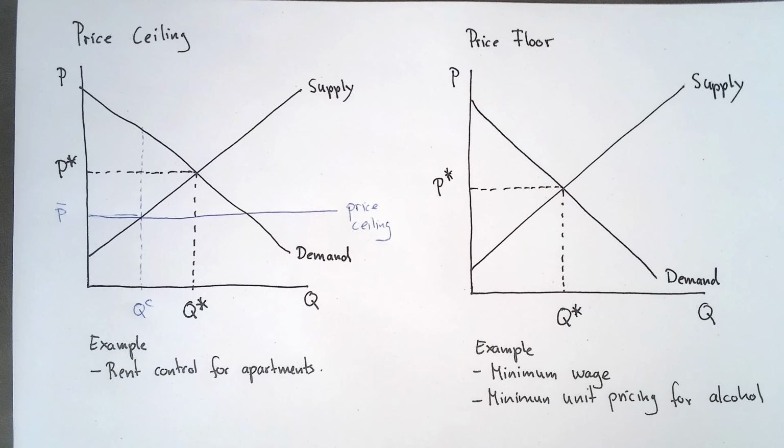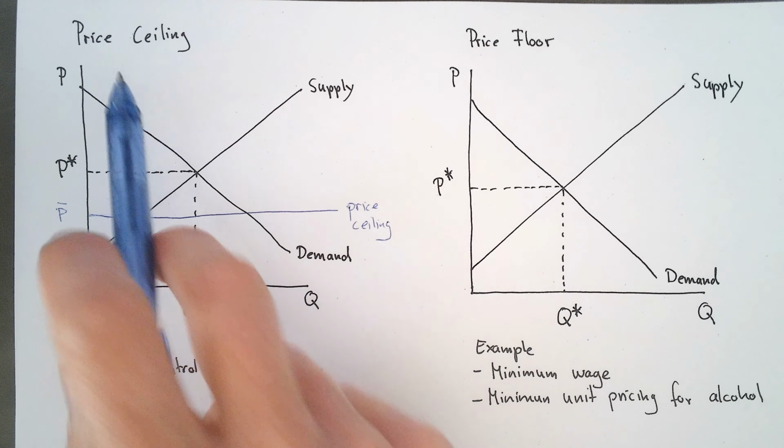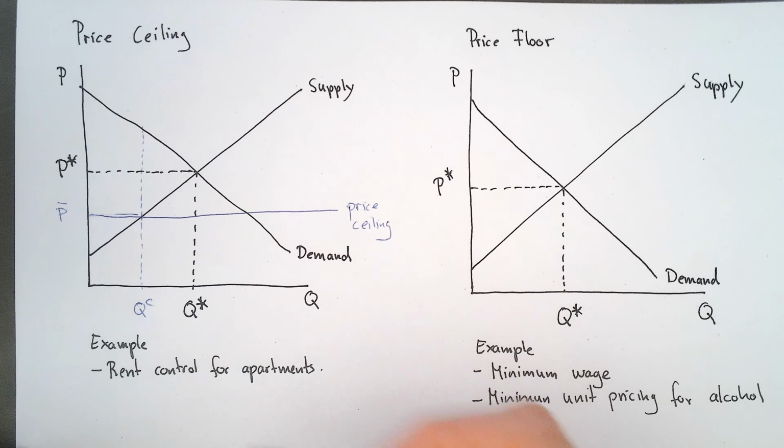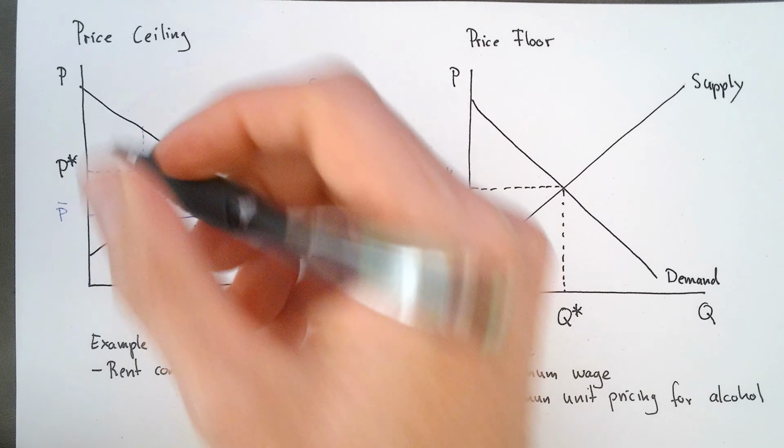Good. So now you see the following. Since QC is the quantity traded in the market, given that we have the price ceiling, the consumer surplus is significantly larger than the surplus under the natural equilibrium.